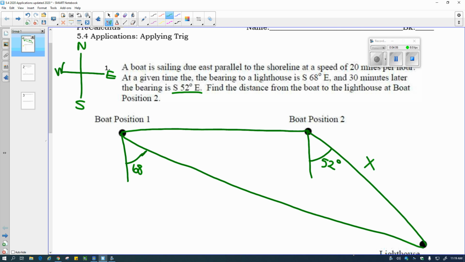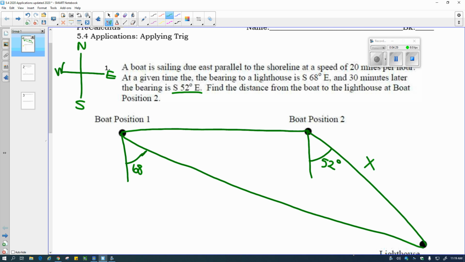And again, it's a little bit better than the first angle. The first angle is not even in the triangle. At least the second angle is in the triangle. But regardless, I'm going to need to figure out some more information so that I can fill in the missing pieces.